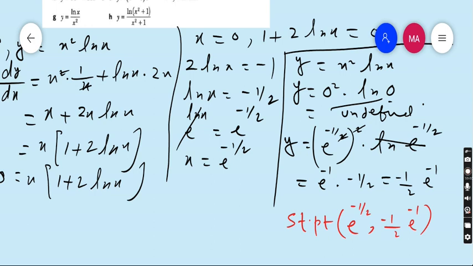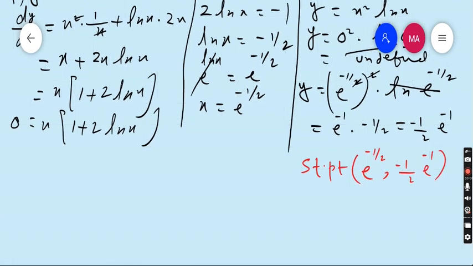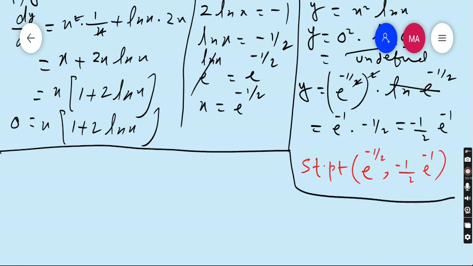Now find the nature. In order to find the nature, write the derivative answer again, x into 1 plus 2 ln x.